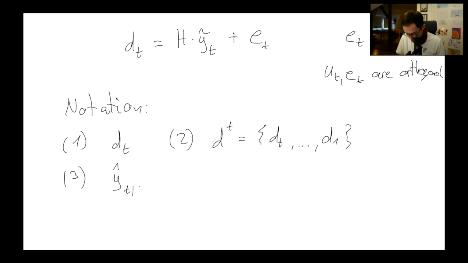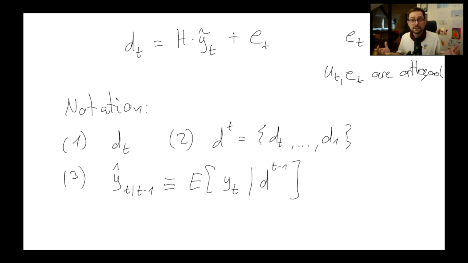And here we're going to make use of time subindices, for instance y hat t given t-1, and this is defined as the conditional expectation of yt given dt-1, so the whole history of observations up to t-1, the prediction for yt.